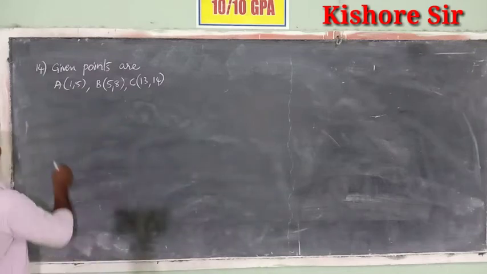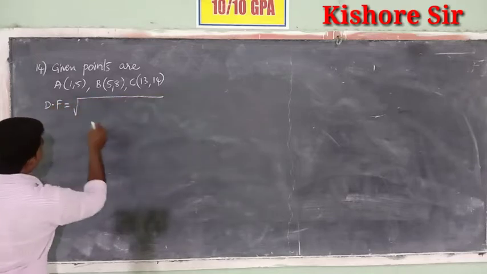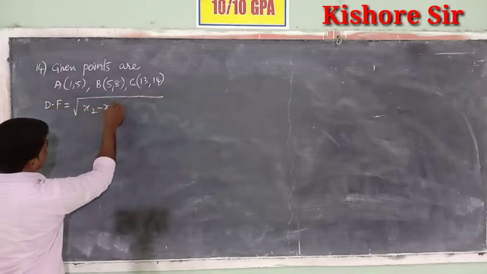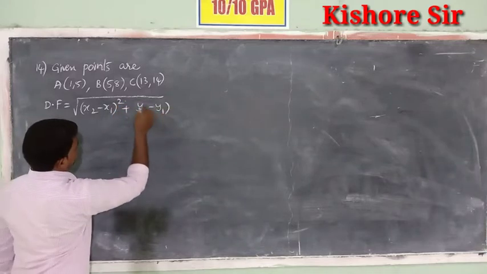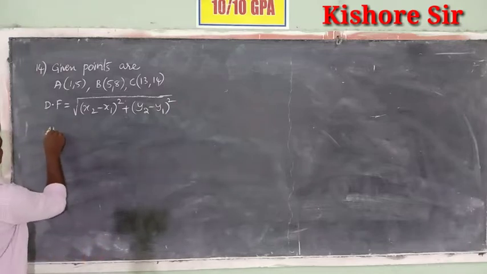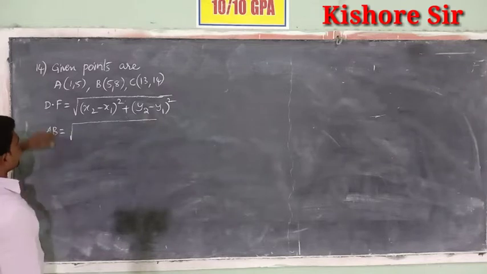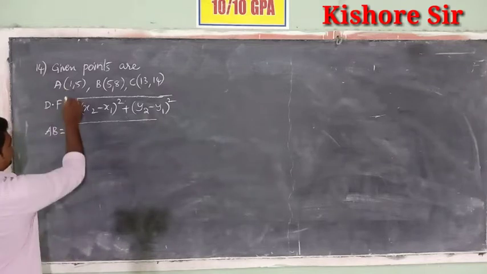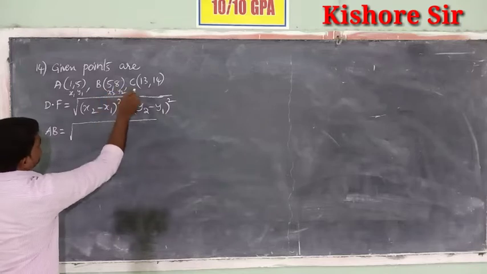By using the distance formula, square root of (x2 minus x1) whole square plus (y2 minus y1) whole square, first find the distance between A and B. First point A is (x1, y1) and second point B is (x2, y2).